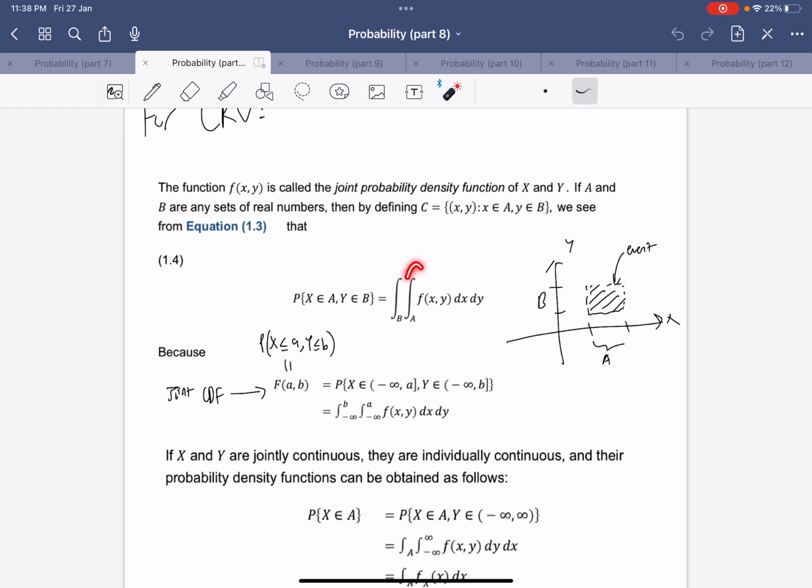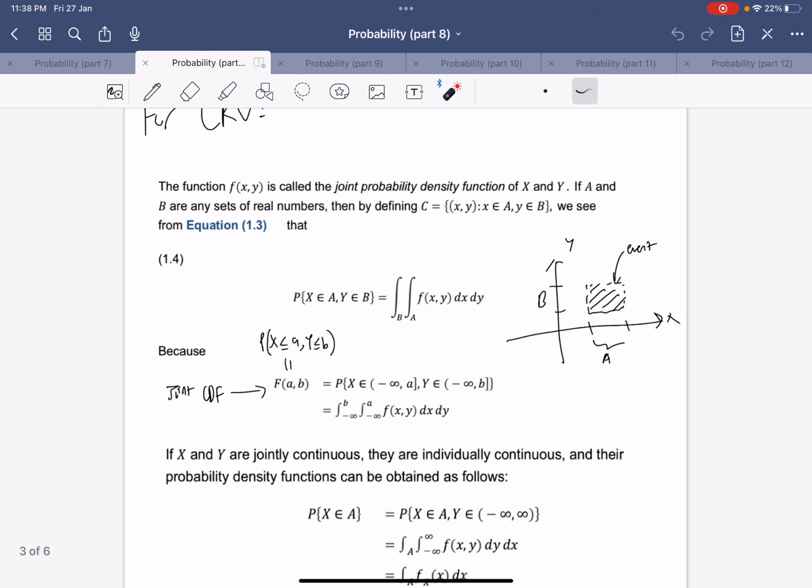And really, this means that the joint CDF is just an integration of the PDF from minus infinity to a for dx and from minus infinity to b for dy.